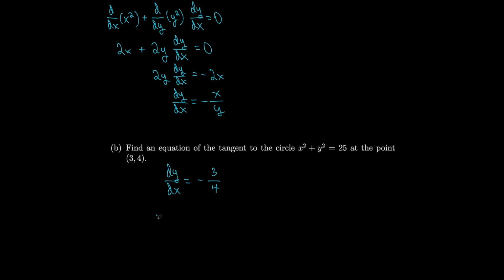Okay, so we want an equation of a tangent line, so y minus our y value is equal to the slope, which is the derivative, negative 3/4, times x minus our x value. That gives us point slope form for the line. So then, if we want, we can put this in standard form as 3x plus 4y equals 25. And that's the equation of the tangent to the circle at the point 3, 4.